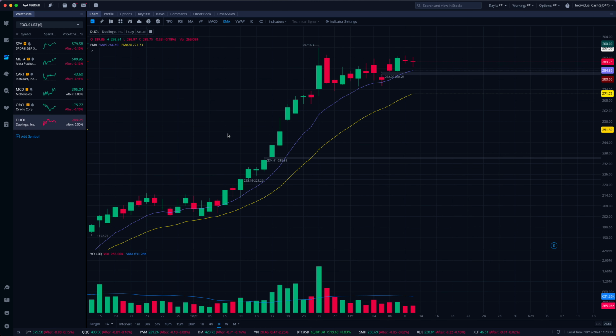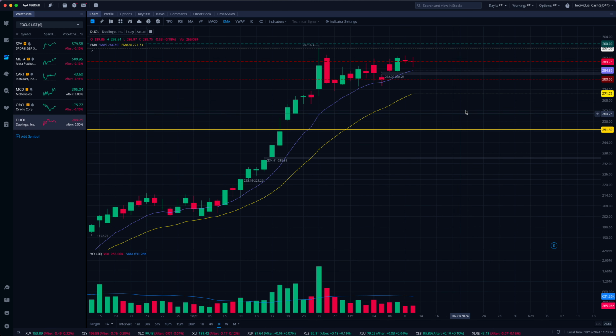Just an example. Okay, so let's get back to Duolingo, and let's talk about dark pools, because we've talked about flow and we've talked about dark pools. There's a few other things you can check for flow. That's just the live flow and the algo flow.